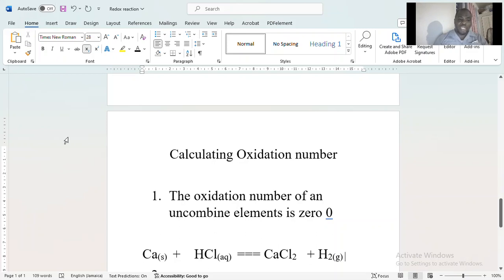So this calcium has an oxidation number of 0. The other one you should relate to is this hydrogen. Earlier on, we spoke about the diatomic elements, and hydrogen is one of them, just as oxygen is a diatomic element. Because it is not combined to another element, its oxidation state is also 0.